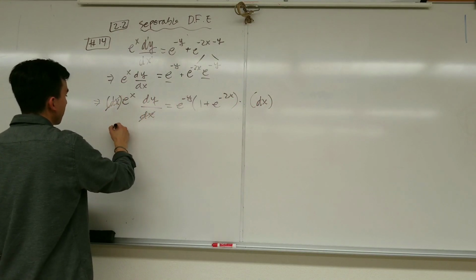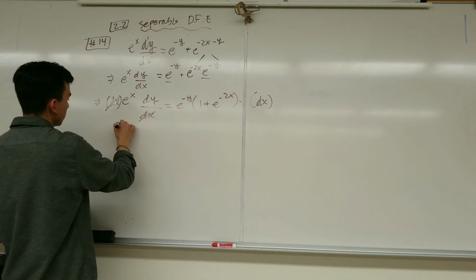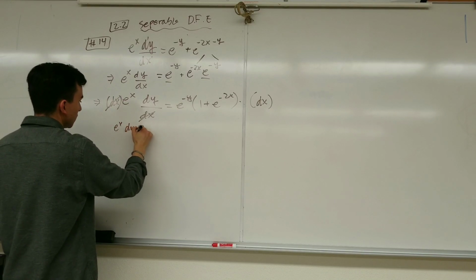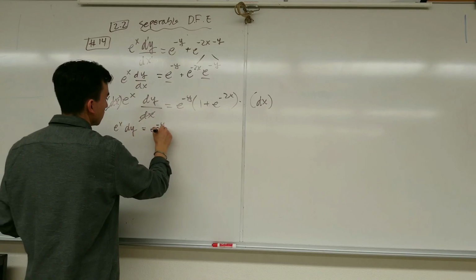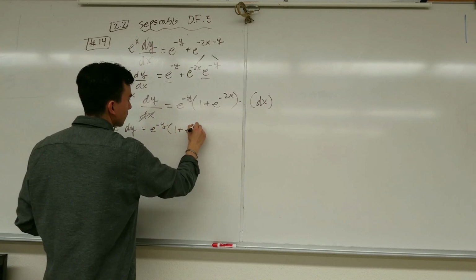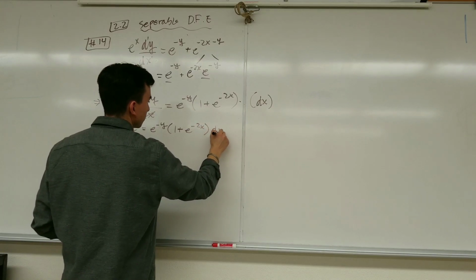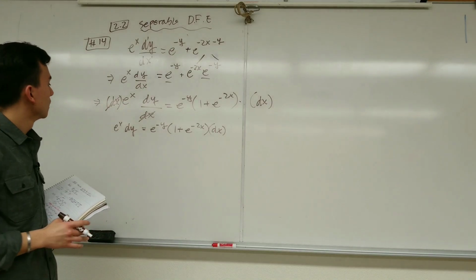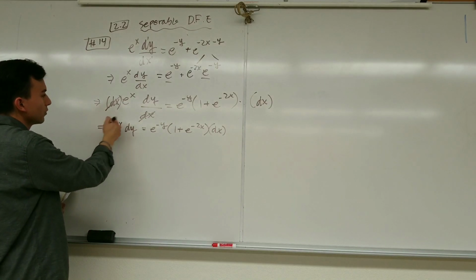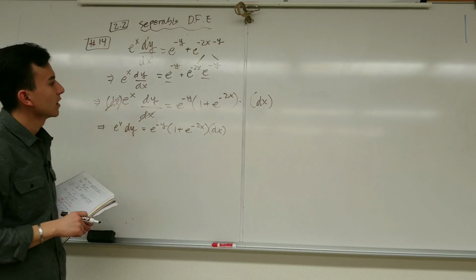Okay. Now I have ex dy is equal to, so after I multiply dx to both sides, I get this.